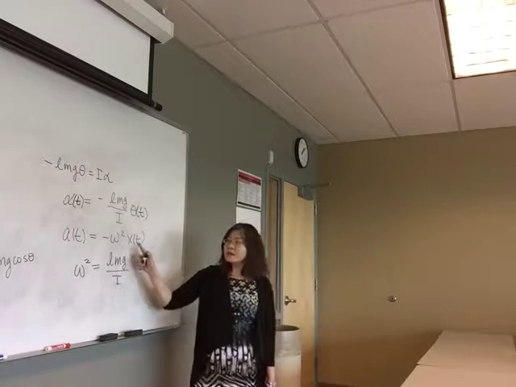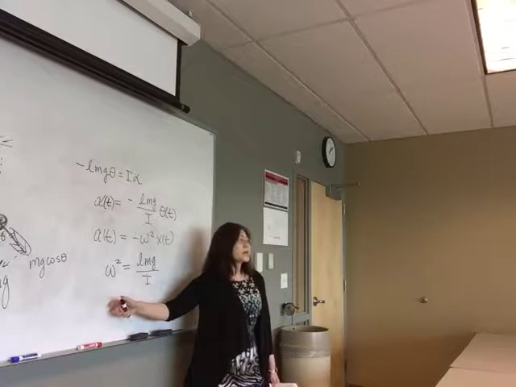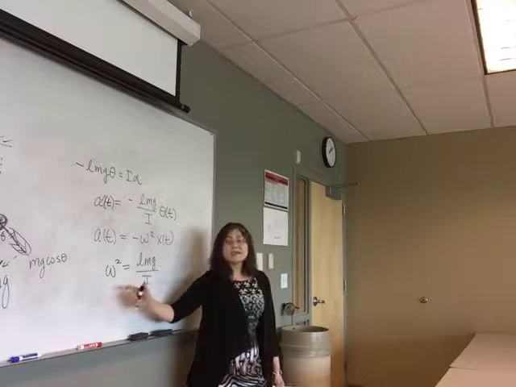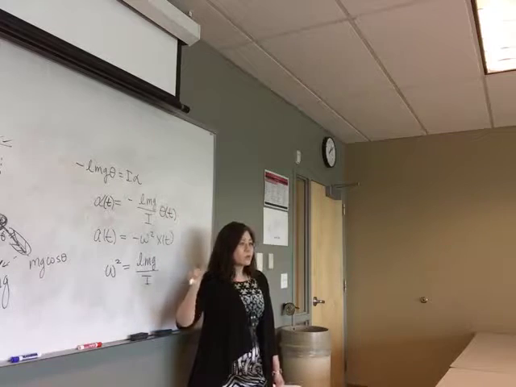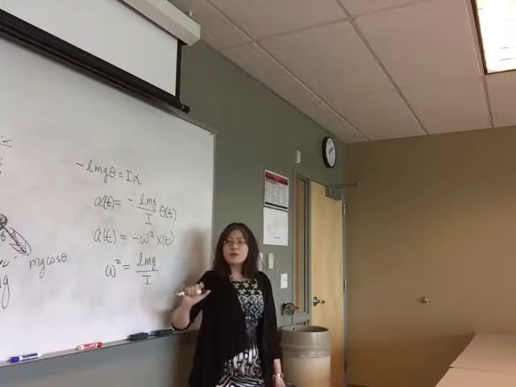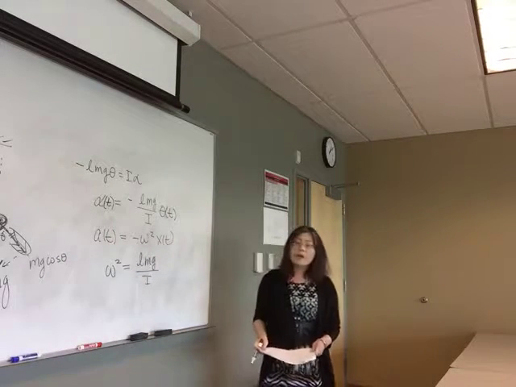From this, we can actually deduce what the period is. Now, the period itself has nothing to do with whether you have a linear or rotational motion. Period is just a quantity regardless of the motion.